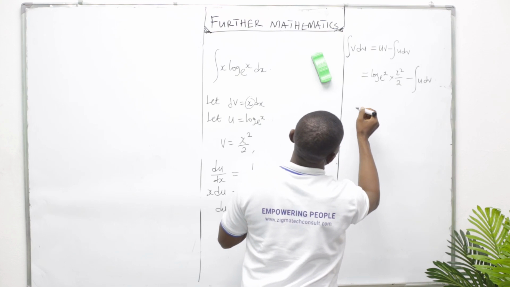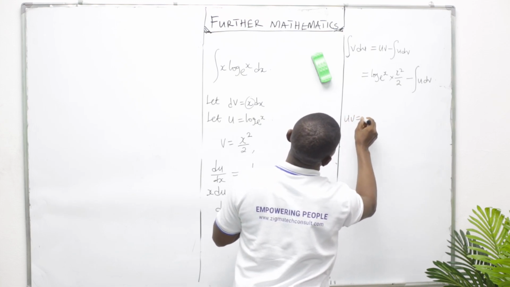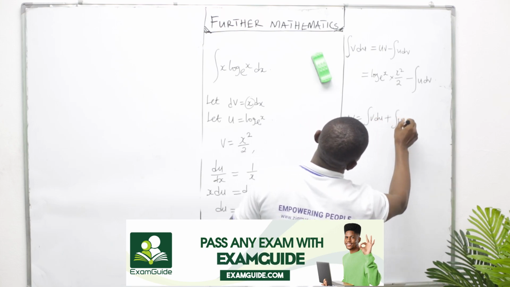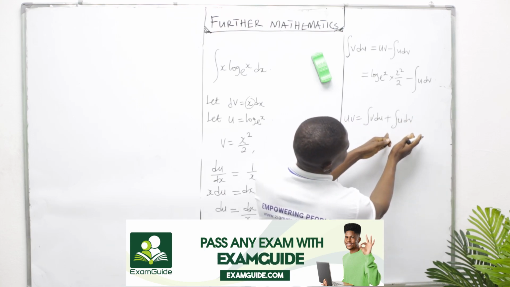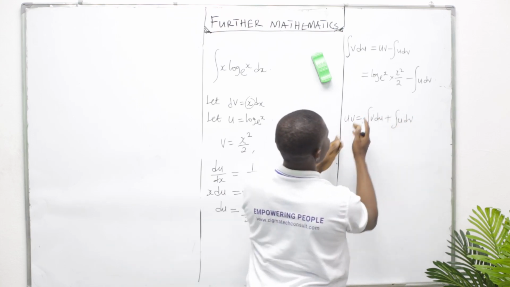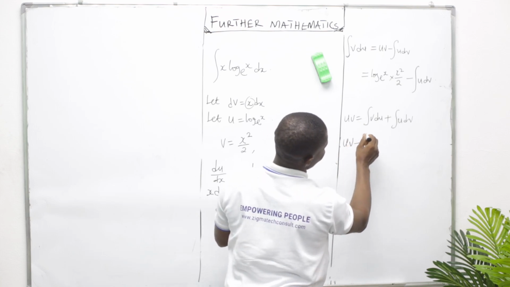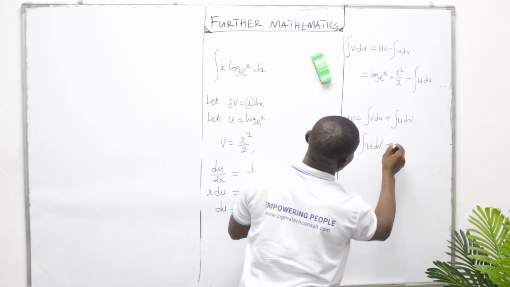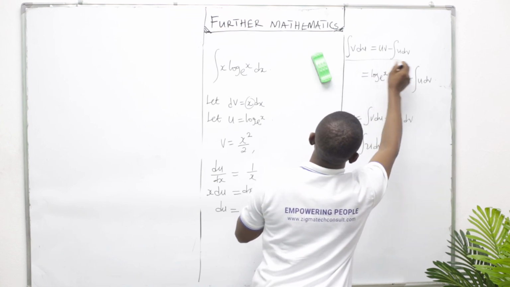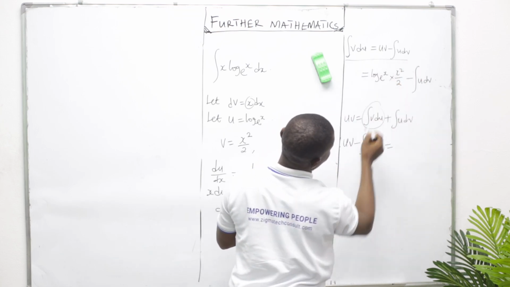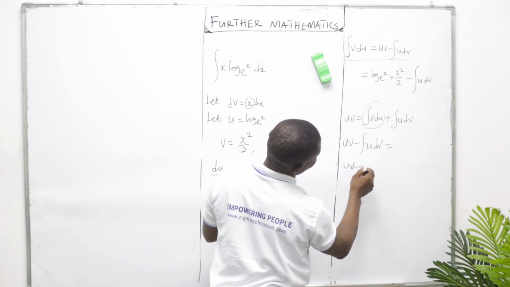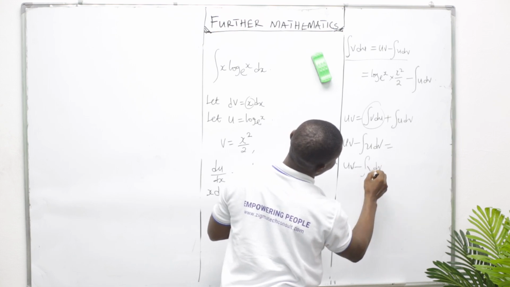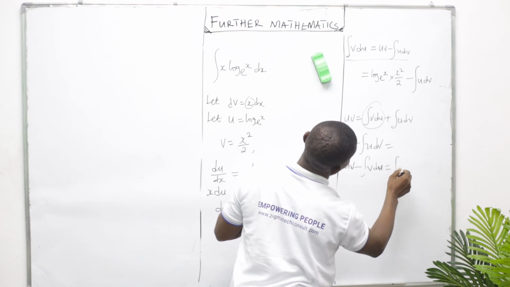This formula you are seeing can also be uv equals the integral of v du plus the integral of u dv. If I take the integral of u dv to this side, I'll have uv minus the integral of u dv equals the integral of v du.